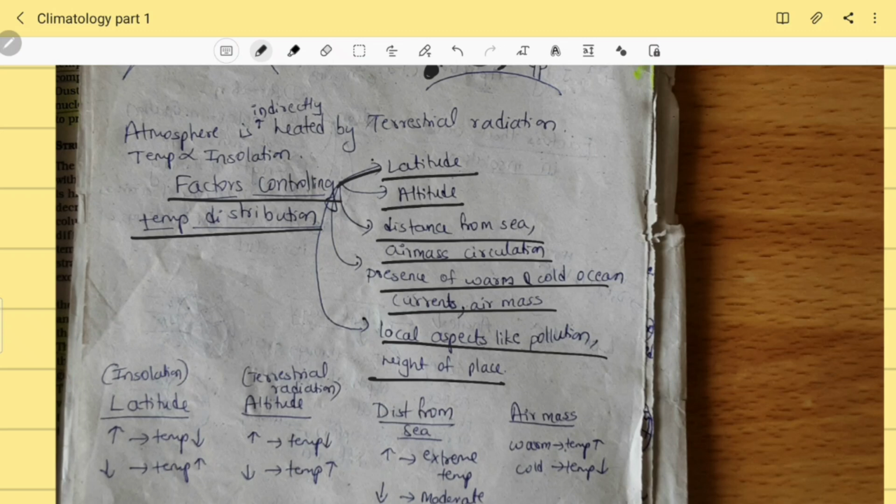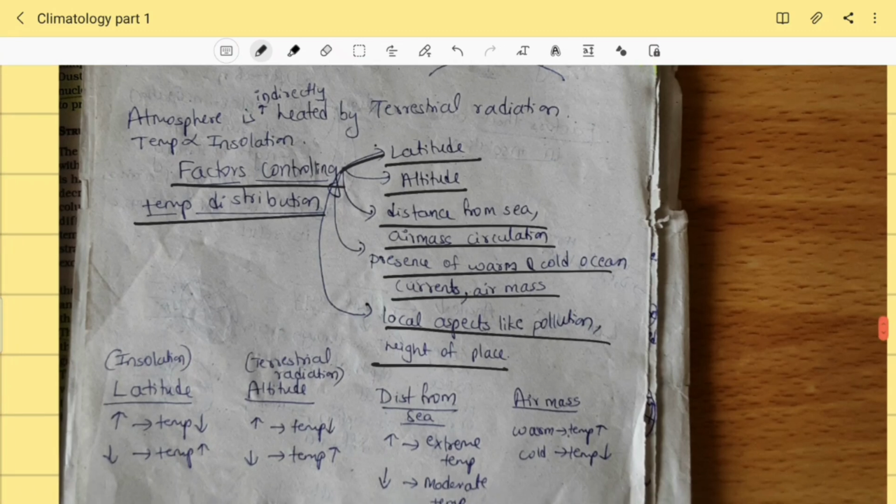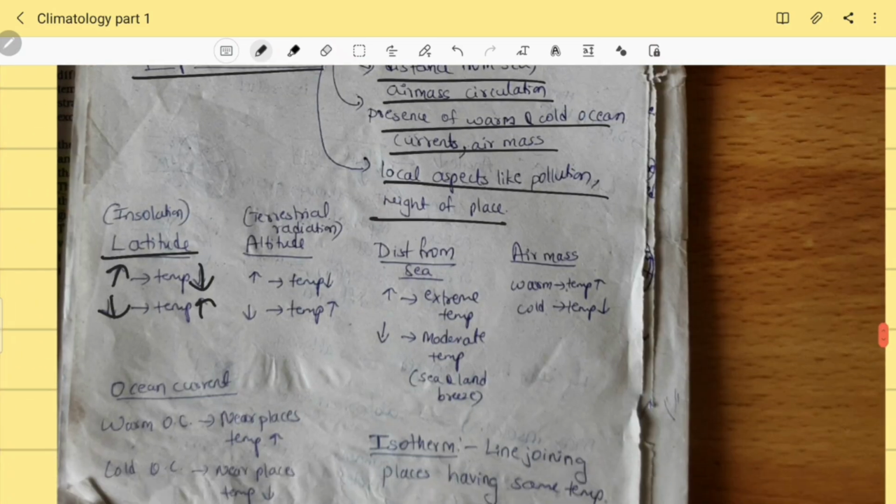So if the latitude increases, then temperature decreases, and if latitude decreases, then temperature increases. What does this mean? See, say this is earth, sorry for this drawing.